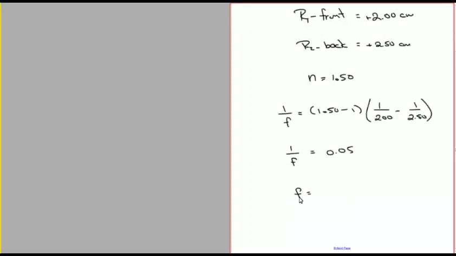So f, you could say it's 0.05 to the minus 1 power, or 1 over 0.05, however you want to do it. Since I have 0.05 in my calculator already, I'm just going to raise it to the negative 1 power, and I get 20. So I get 20.0 centimeters. That was easy.